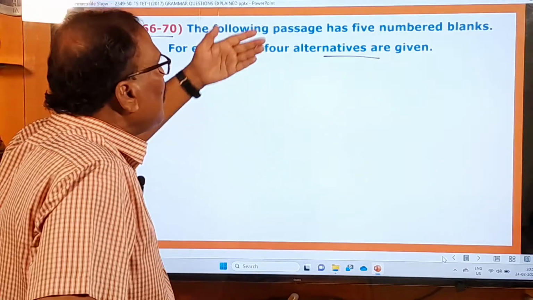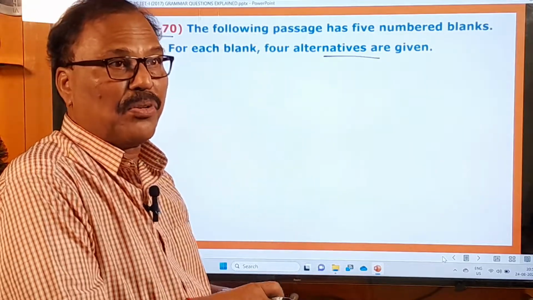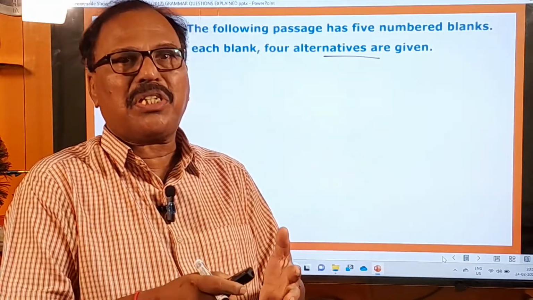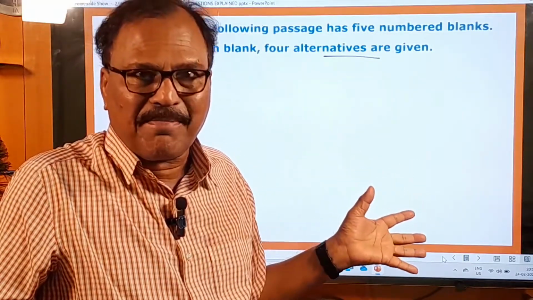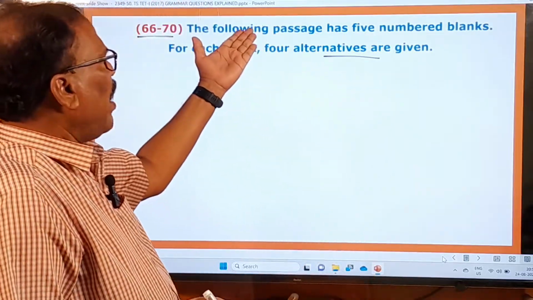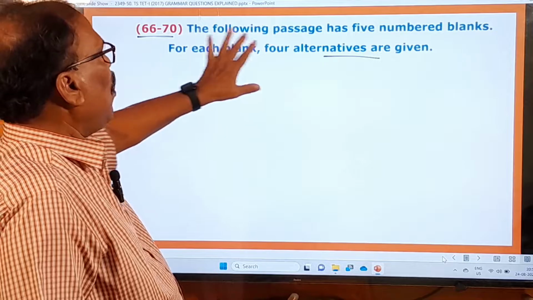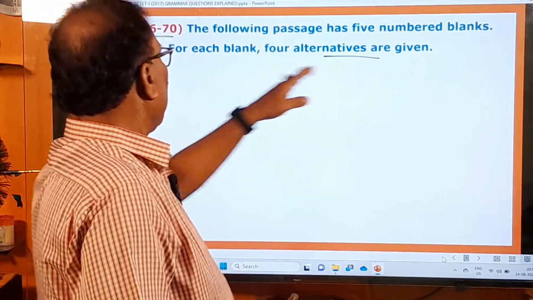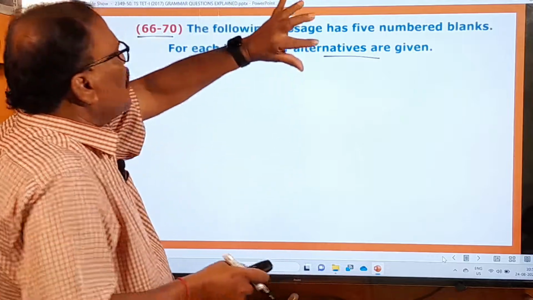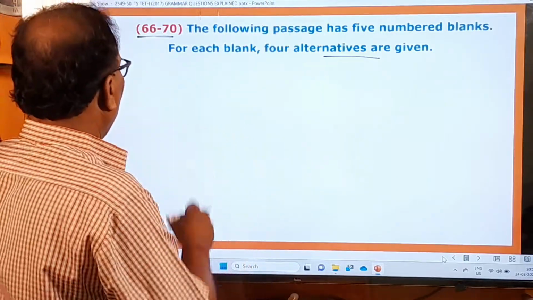When you get acquainted with this kind of questioning, then in the examination, the moment you look at the question paper, you don't feel strange, you don't feel any nervousness, because you are already acquainted with this kind of questioning. The following passage has 5 numbered blanks. For each blank, 4 alternatives are given. Every time the question is posed like this only. Now let's go to the passage.